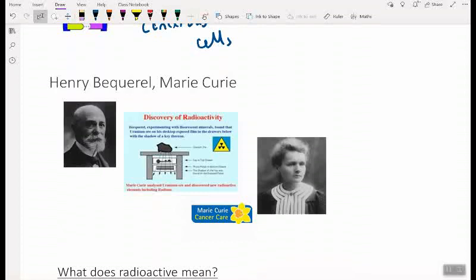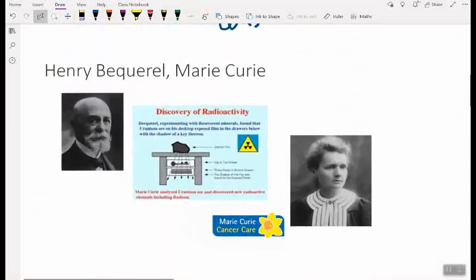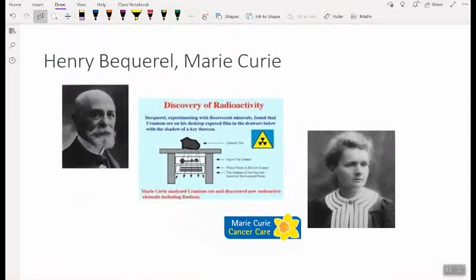So Henri Becquerel is the person who kind of discovered ionizing radiation. The story is that he had some uranium ore in the top drawer of his desk, and he had some photographic film in the bottom drawer. Imagine that old photographic film that changes colour when it's exposed to light, in a brown envelope so that there wouldn't be any light in there. And in the middle drawer, he had a key, and he'd left this there for a couple of weeks.